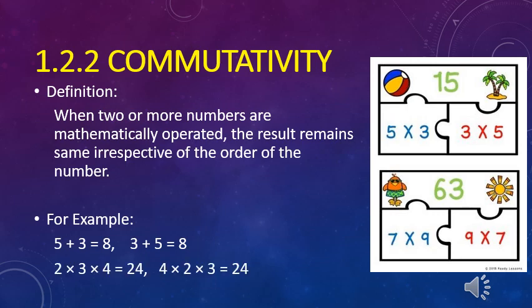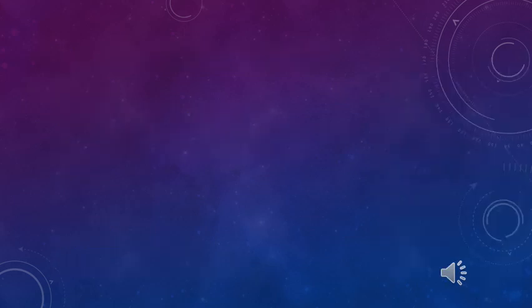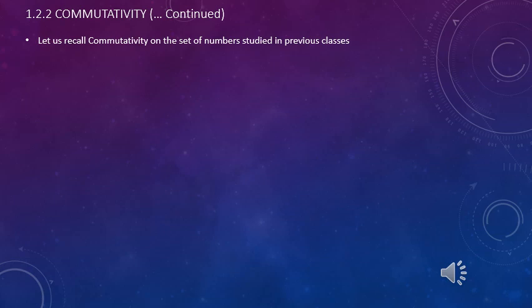Let us see another example. 2 multiplied by 3 multiplied by 4 is equal to 24, and 4 multiplied by 2 multiplied by 3 is also 24. Now let us explore commutativity on natural numbers under the 4 operations.